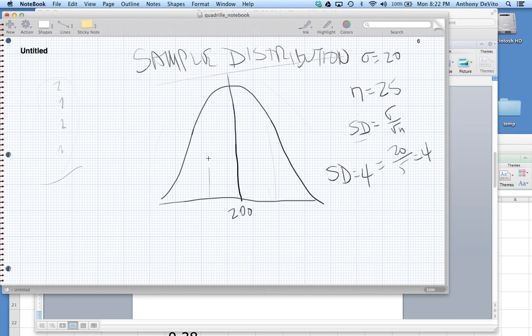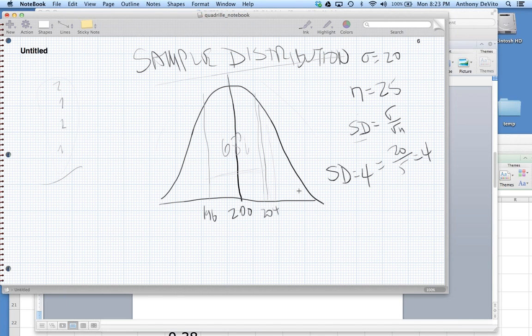Okay, so now when we consider these values, the probability of taking a random sample from the population where the sample has a mean more than one standard deviation below, or 196, and the probability that it would be above one standard deviation above, or 204, the probability that it's between these two is going to be 68%.